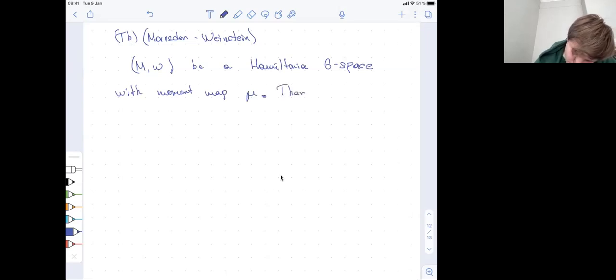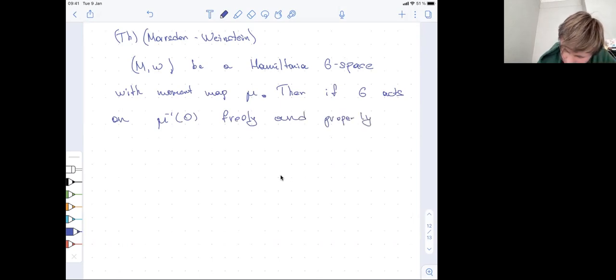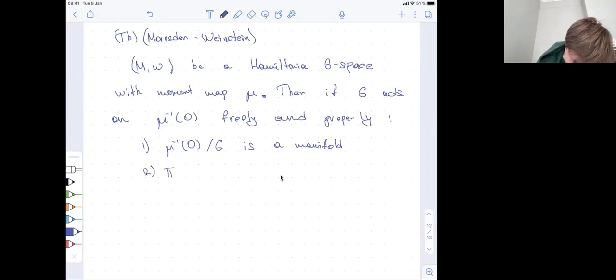Then if G acts on mu minus 1 of 0 freely and properly, then firstly, mu minus 1 of 0 quotient by G action is a manifold, called M reduced.